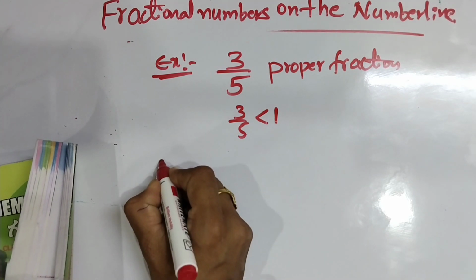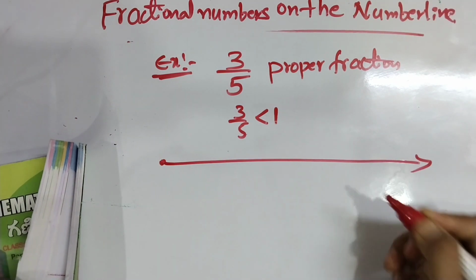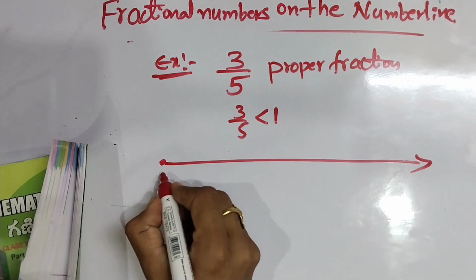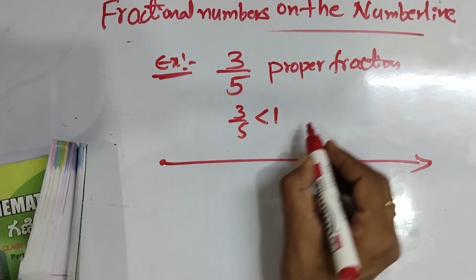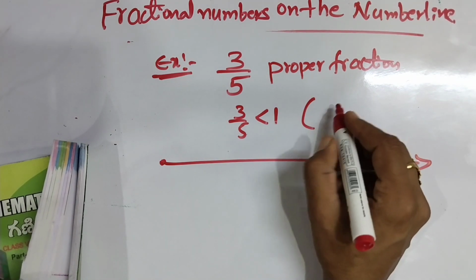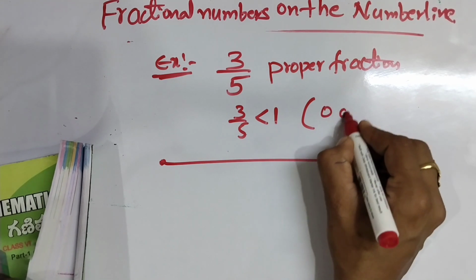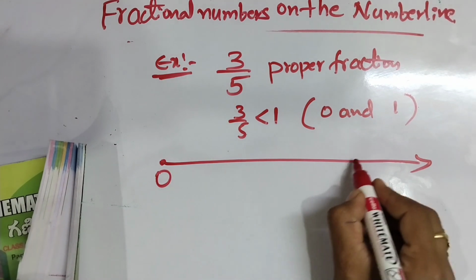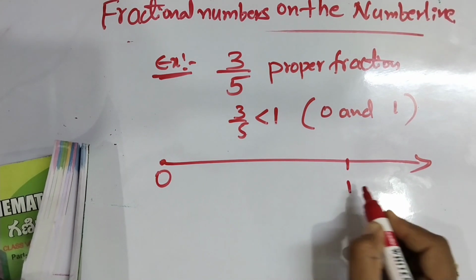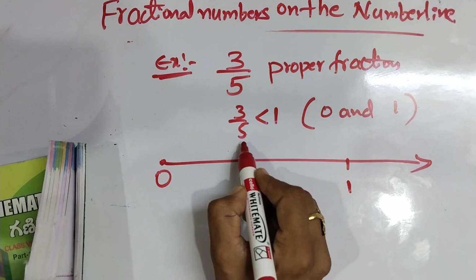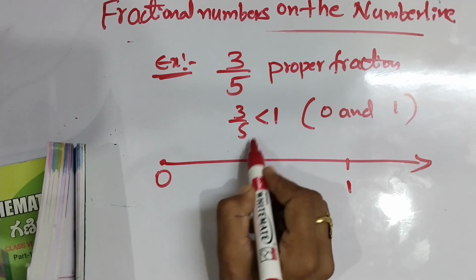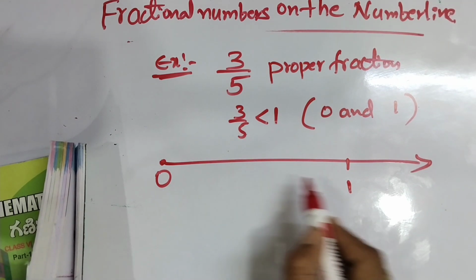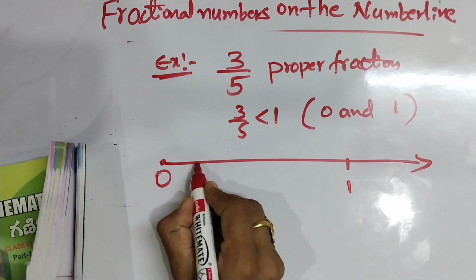So in this situation we can draw directly on the number line. This value is in between 0 and 1. So 0, and we are taking 1. For 3/5, we have to divide the 0 to 1 part into 5 parts.